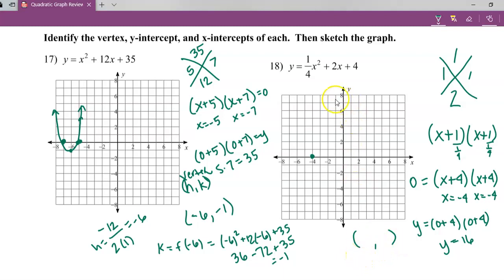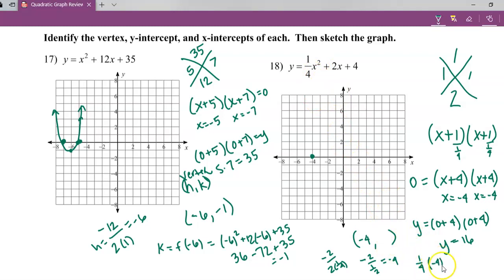h is negative b over 2a, so negative 2 over 2 times 1/4, which is the same as negative 2 times 1/2. Remember, turn this over and multiply, so negative 2 times 2 over 1 would be negative 4. And then we're going to plug that negative 4 into the function in order to get our k.